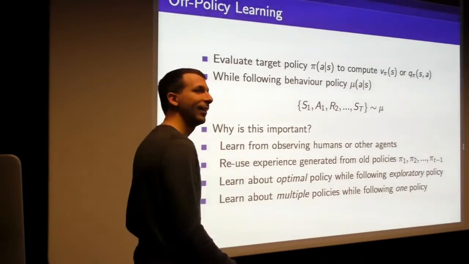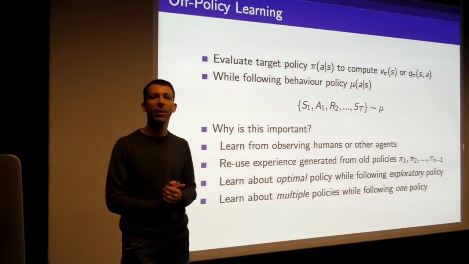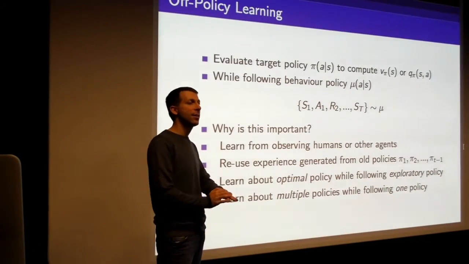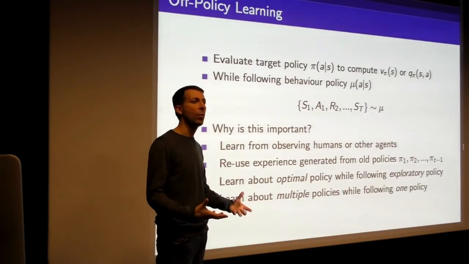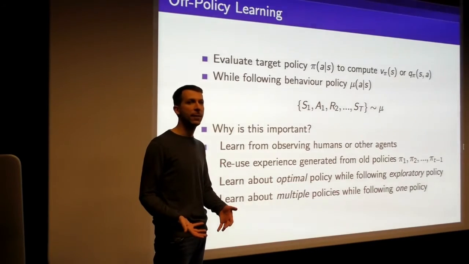Okay, let's change gear a bit. Now we're going to talk about off-policy learning. So everything so far has considered the case of on-policy learning, where the policy which I'm following is the policy that I'm learning about.